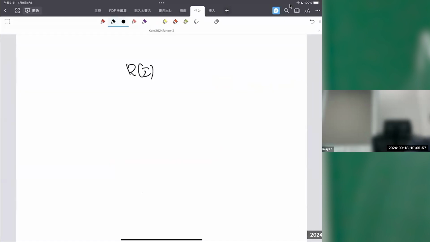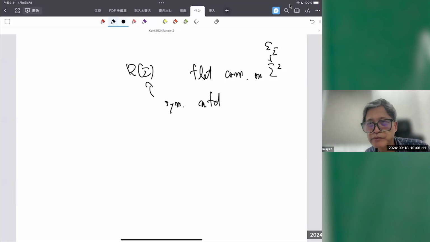This is the space of flat connections on sigma, E sigma. And this is a two-manifold, a symplectic manifold. But what do you do with trivial connections? We assume w2 is nonzero. That's why we assume it.